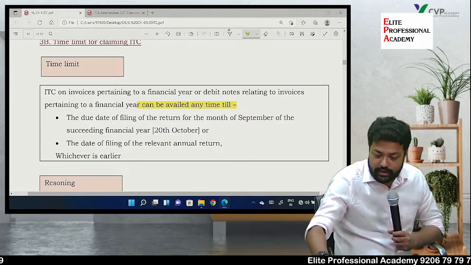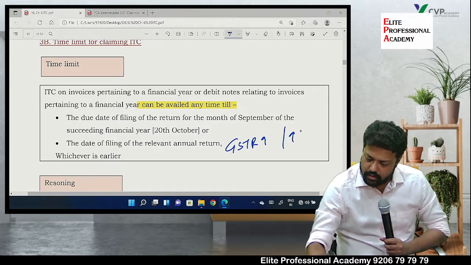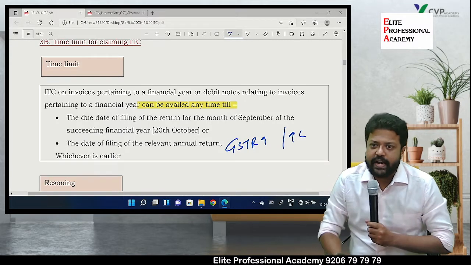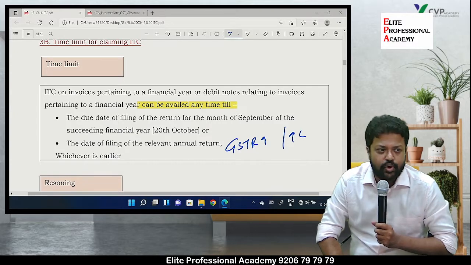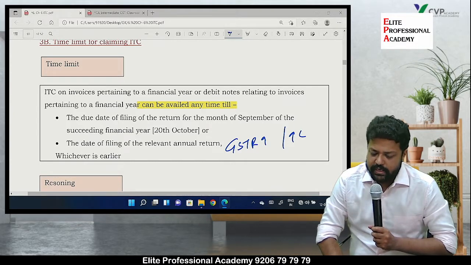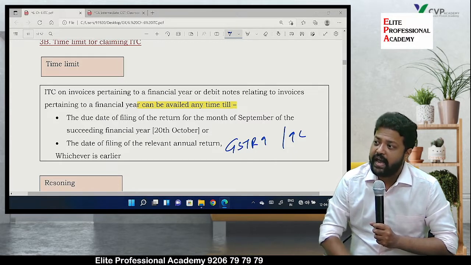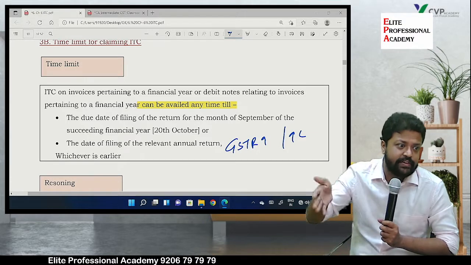What is the annual return? GSTR 9 and 9C. GSTR 9 is the annual return, 9C is the reconciliation statement, which in common parlance we call GST audit. The last date for filing the annual return of any financial year is 31st December of the succeeding financial year.